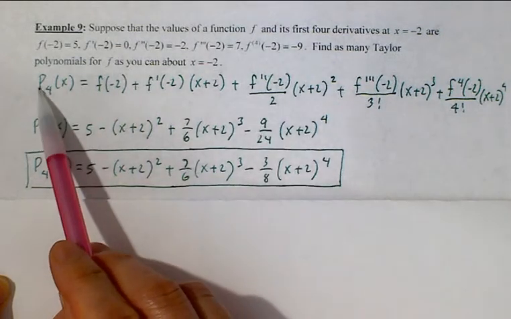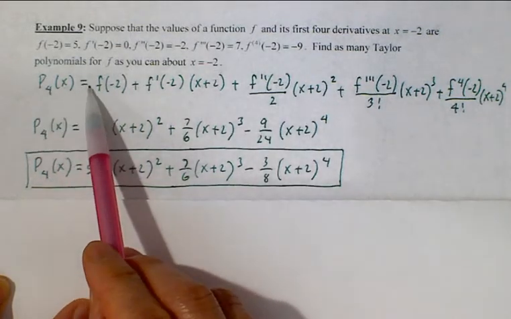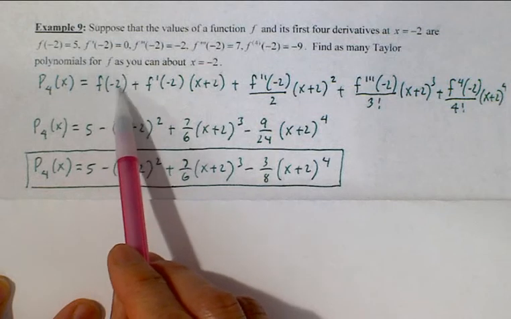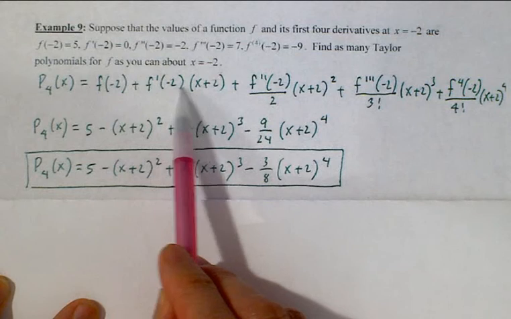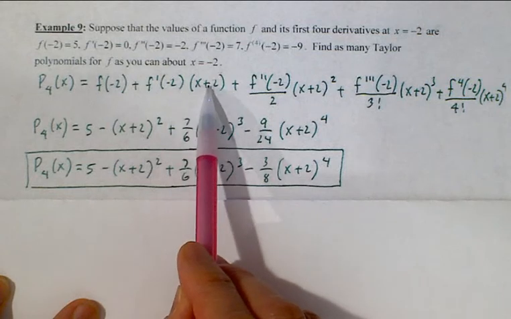So p sub 4 of x equals f of negative 2 plus f prime of negative 2, and then you have to multiply it by x plus 2.